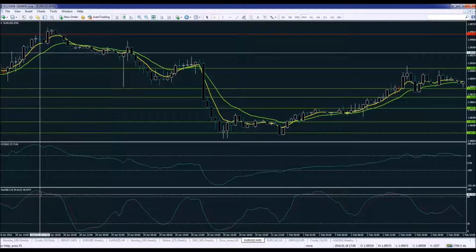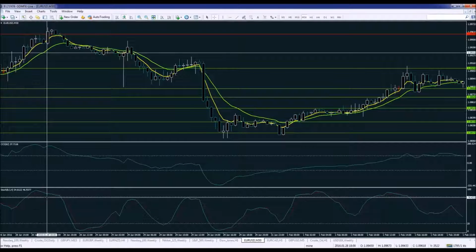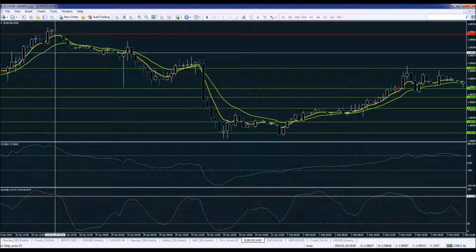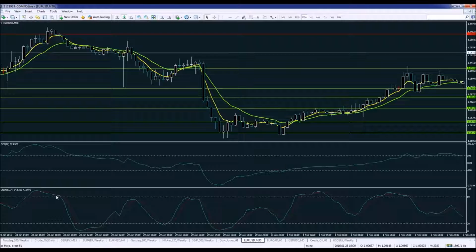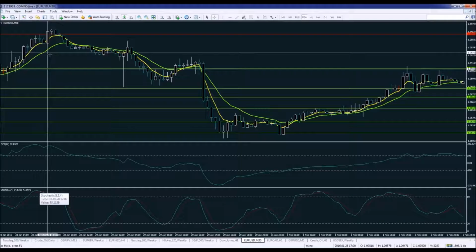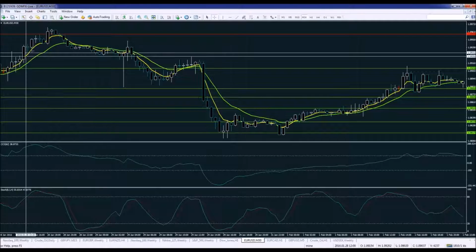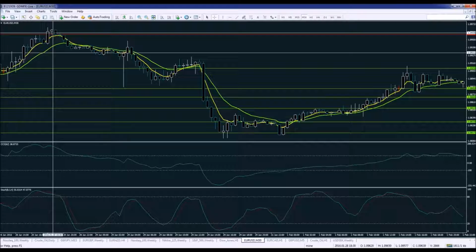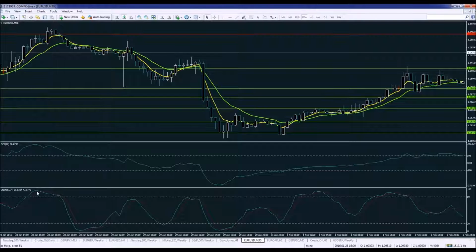But the crossing of the stochastic, now here, ladies and gentlemen, we're ignoring the overbought and oversold conditions in these cases of the stochastic, because the strategy demands it. So the crossover happens over here, even long before this particular trend is over. Now, this is a condition I would take. This is rule number 1.